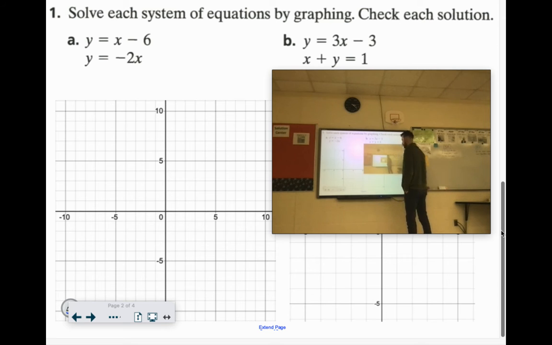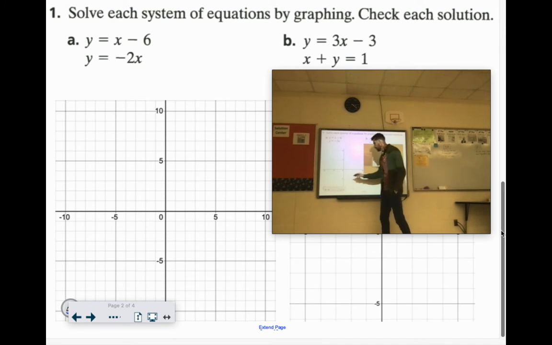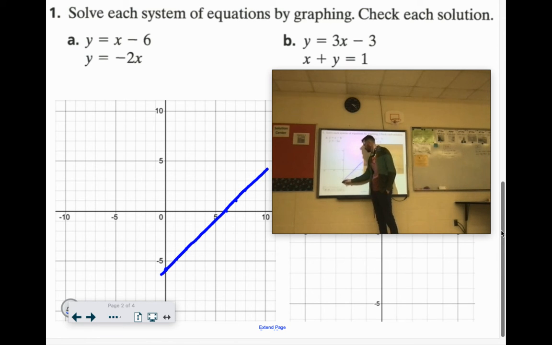Y equals x minus 6. You start at negative 6, the slope is 1, so you go up 1 over 1. The bigger the graph, the worse my graphs get. Oh yeah, that's a rough one. Y equals negative 2x.